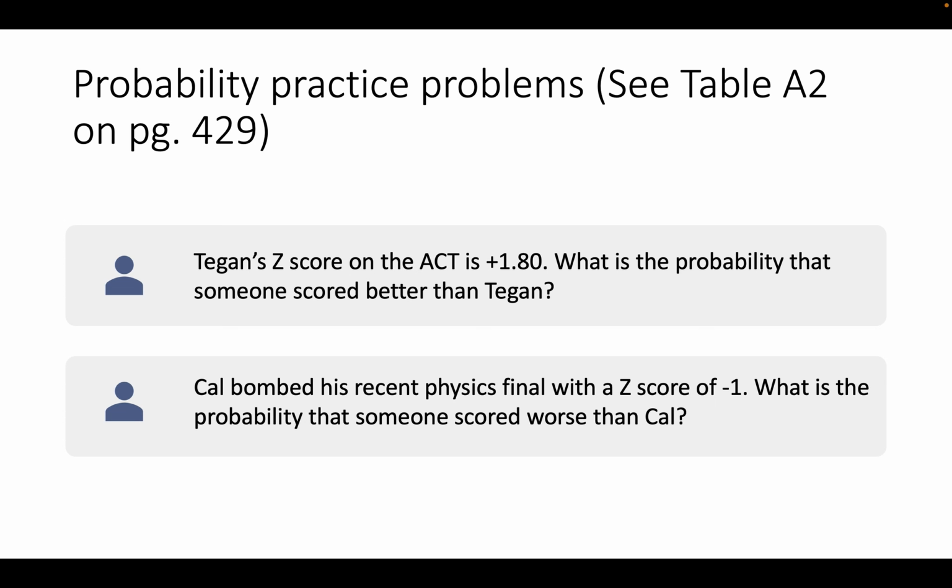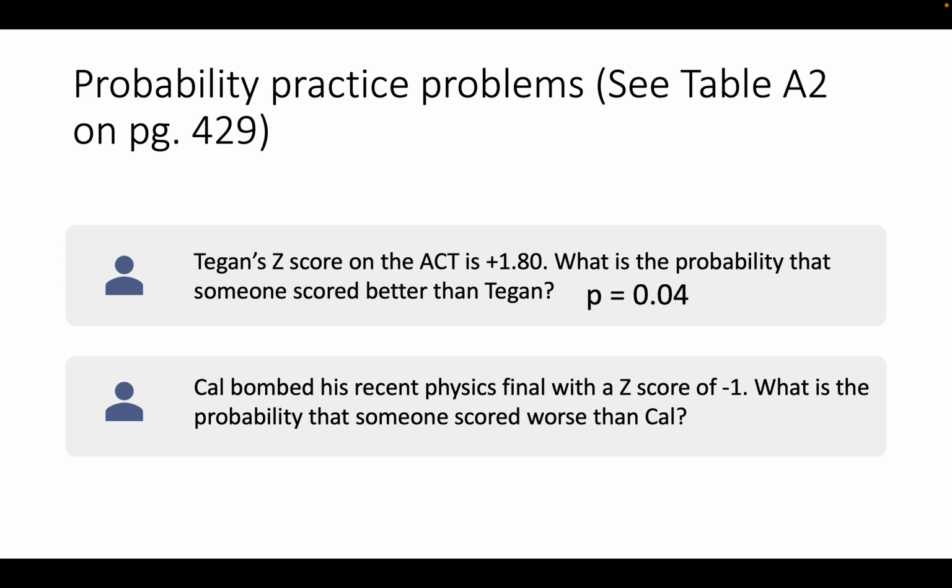Pause the video if you need to. All right, so if you use the table in the back of the book, you'll find the corresponding probability value here is p equals 0.04. So the probability that someone scored higher than Tegan is pretty low, right? She did pretty great, or they did pretty great.